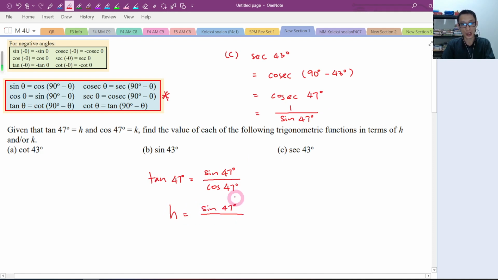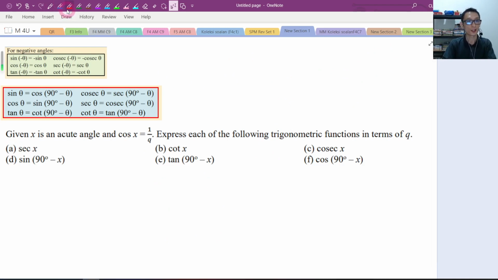And cosine 47 degrees is equal to k. From here we know that sine 47 degrees is equal to hk. Now what we need to do is just plug in the hk over here. It is equal to 1 over hk. This is the final answer for part C.